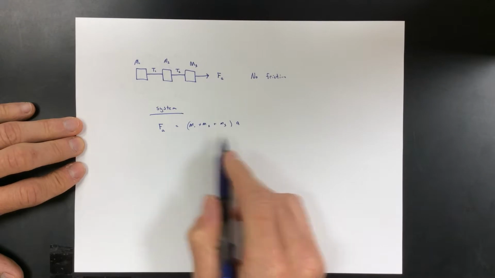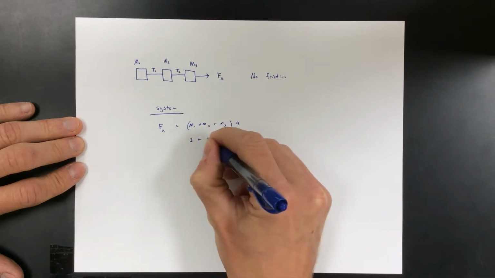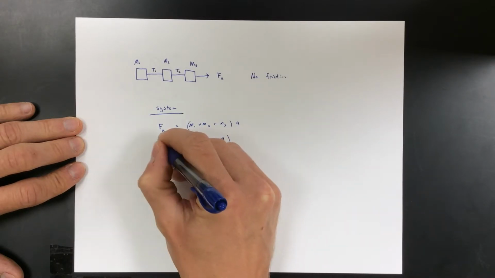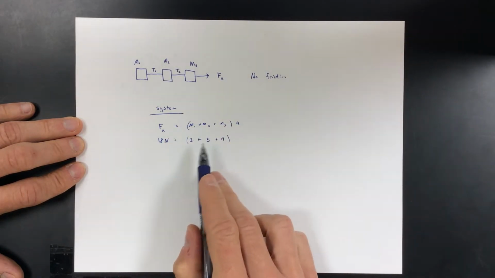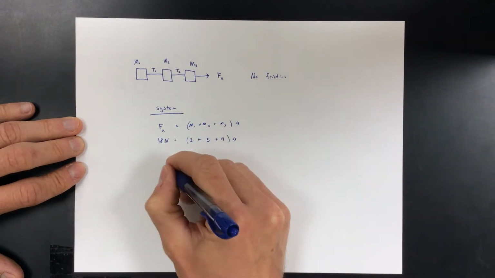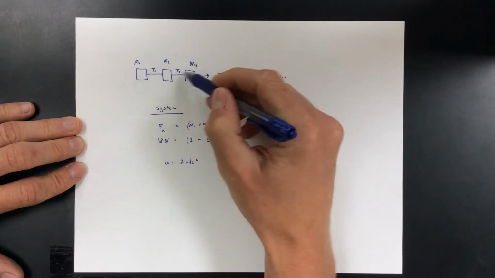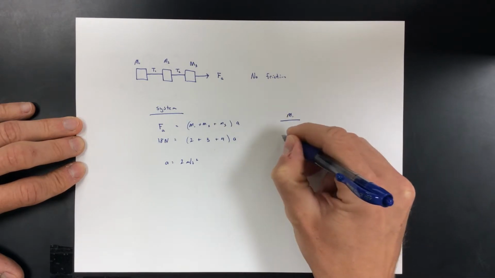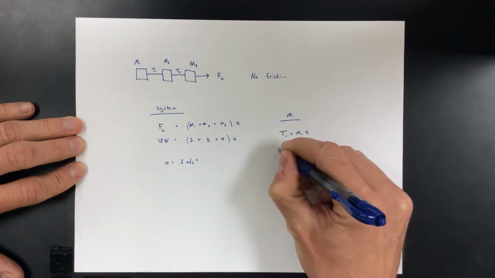So then you'd find the acceleration. If I told you that these masses were, let's say, 2, 3, and 4 kilograms, and you had an applied force of 18 newtons, this is just 18 over 9, and you find the acceleration is 2 meters per second squared. Well, if I wanted to find T1 and T2, I just look at just M1. So if you just looked at M1, well, T1 is the only thing making M1 move. What does T1 have to be?